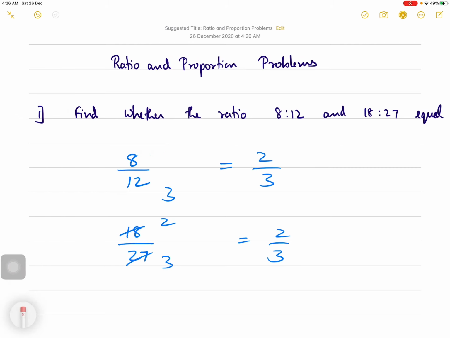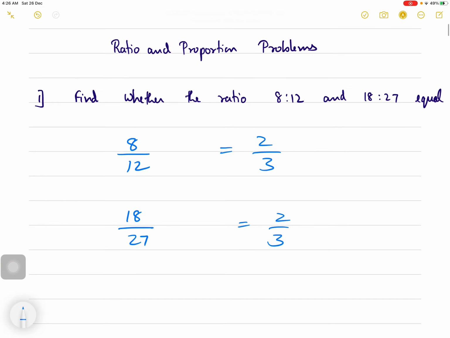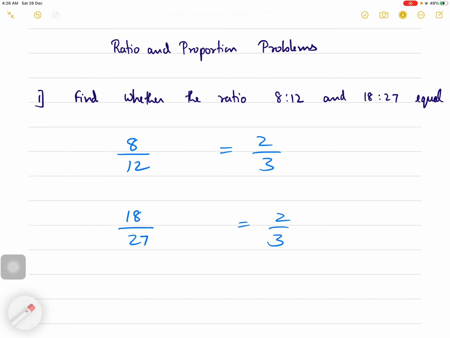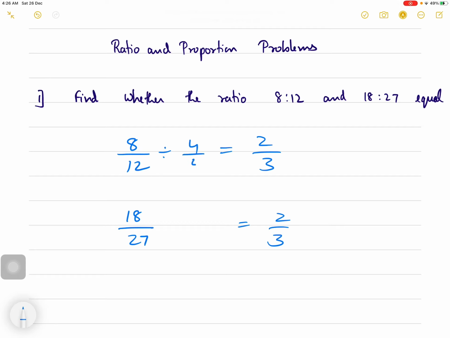So instead of writing like this, what I can do is just multiply and divide by 4. So now I am dividing both by 4 and here I am dividing by 9.